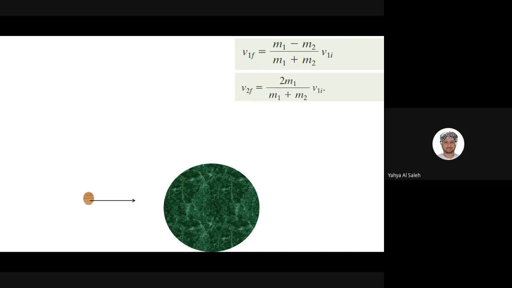Okay. What about this case? You have a very tiny ball hitting a very big ball. Now, just without physics, just from you knowing and playing around with stuff in your childhood, what's going to happen here? Anyone?